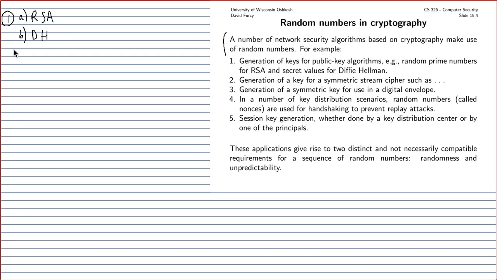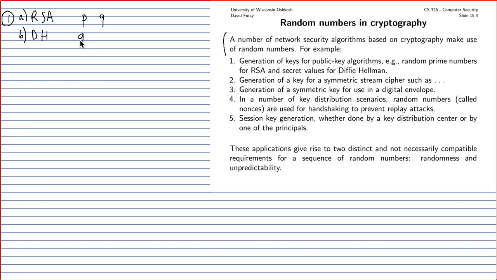Now remember that in RSA, the first step is to generate two large random numbers, P and Q, to be used later on in the algorithm. Similarly, in Diffie-Hellman, we start out with a big random number Q and then also alpha, which is a primitive root of Q. So these are two very well-known and very much used algorithms that make use of random numbers.